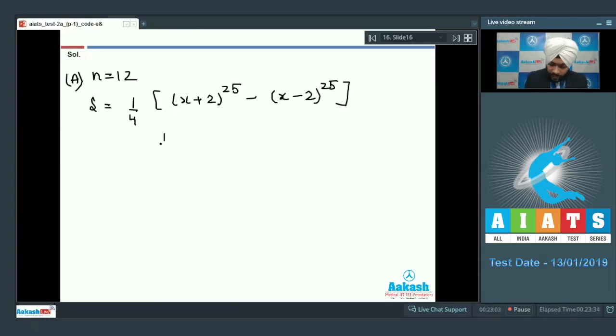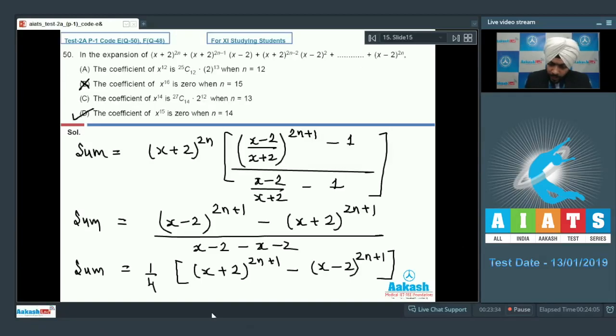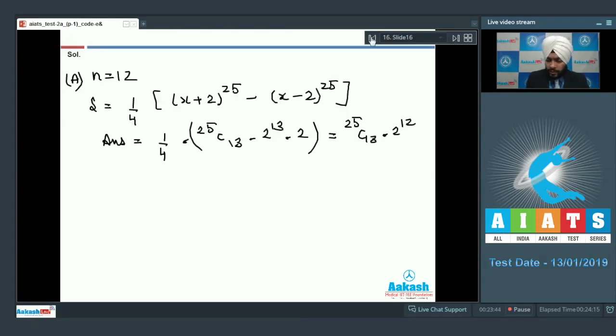It will be 1/4 into 25C13 into 2 raised to the power 30 multiplied by 2, because it will be coming twice. So this is equal to 25C13 into 2 power 12, which means that option number A is wrong. It contains 25C12, which is equal to 25C13 multiplied by 2 power 13, whereas we have got 2 power 12. So this is wrong.